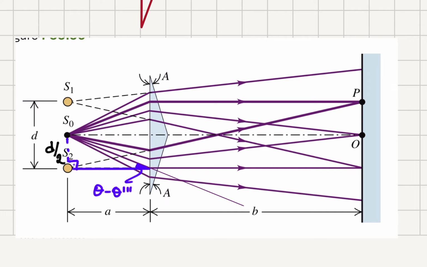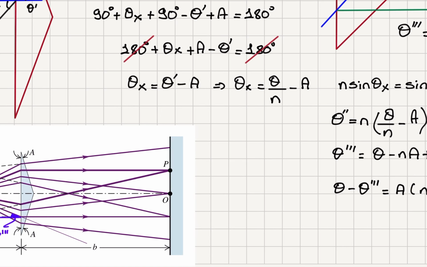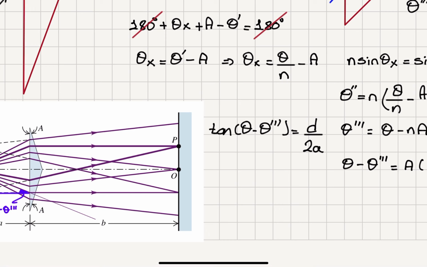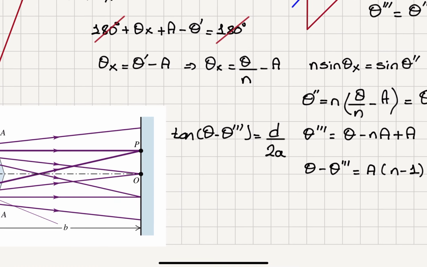So if I write tangent of this angle, tangent of theta minus theta triple prime, this is equal to d divided by 2a, where a is this side. Now tangent of theta minus theta triple prime is approximately equal to theta minus theta triple prime for small angles.